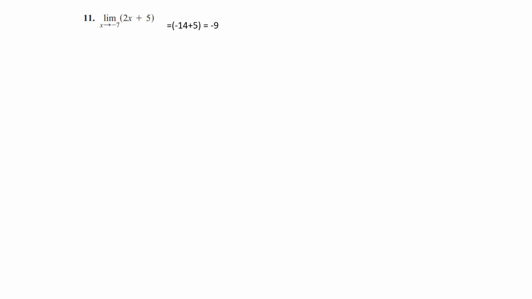Okay, limit as x approaches -7. Yeah, just plug in, don't worry. This one you don't have to plug in, right? Because if you plug in, we'll be in trouble. So what do we do? x minus 5 over x minus 5. Yeah, x minus 5, x plus 5, right?